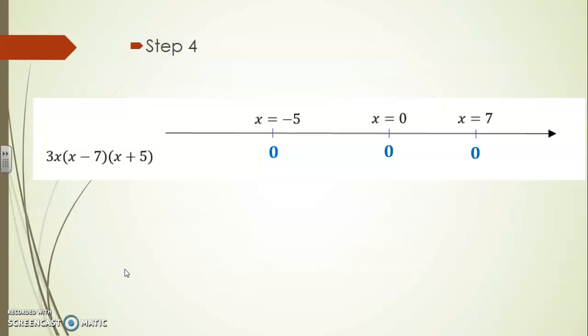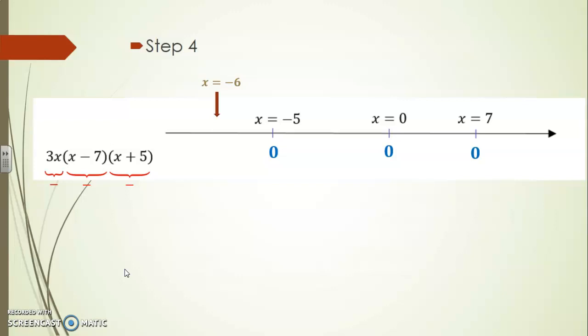Now what we want to do is identify the sign of 3x times x minus 7 times x plus 5 in the intervals that surround these zeros. Left of minus 5, we could use a test value such as minus 6. And if we substitute minus 6 into the polynomial, we'll find that 3 times minus 6 is negative, minus 6 minus 7 is negative, and minus 6 plus 5 is negative.